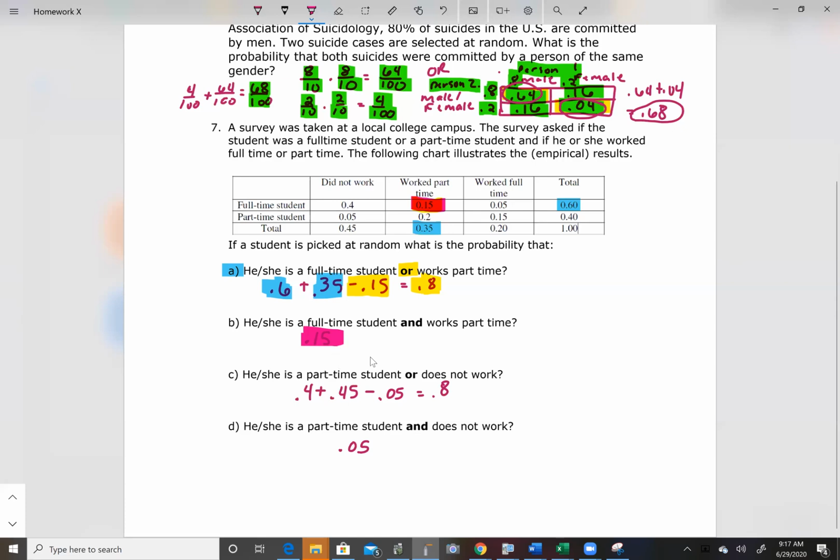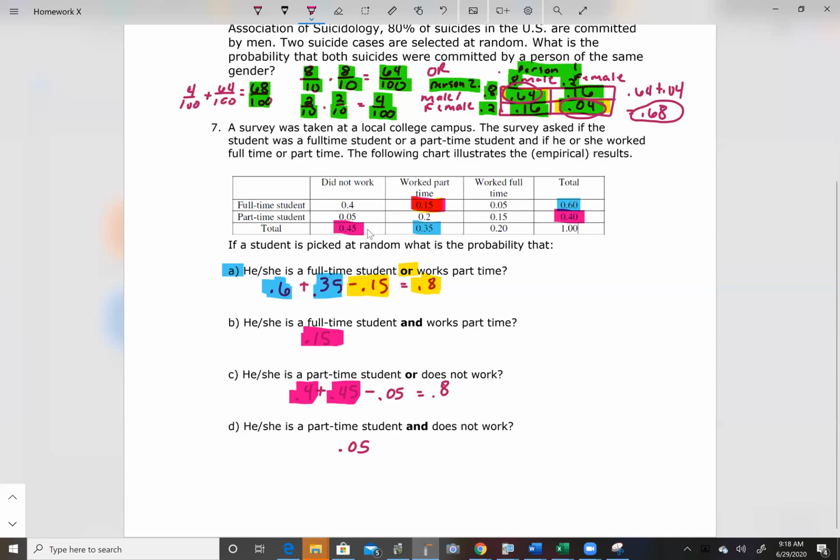He or she is a part-time student or does not work. So the probability of being a part-time student, the total probability, is 0.4. And the probability that one of these people doesn't work at all is 0.45.